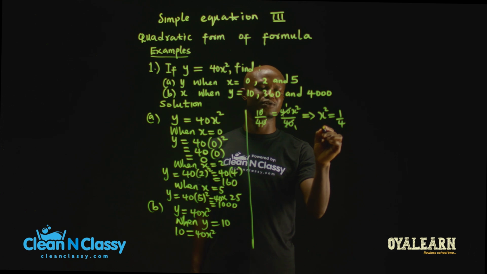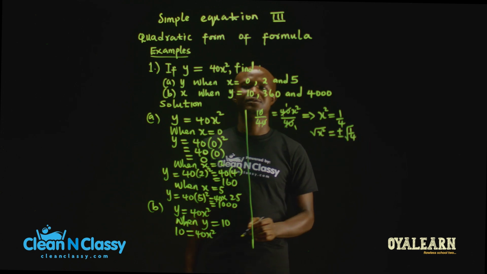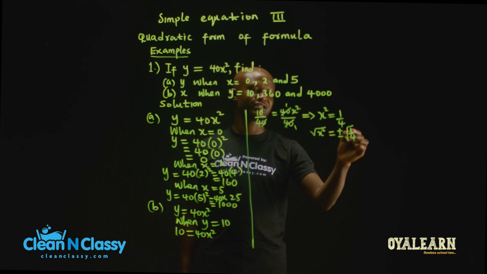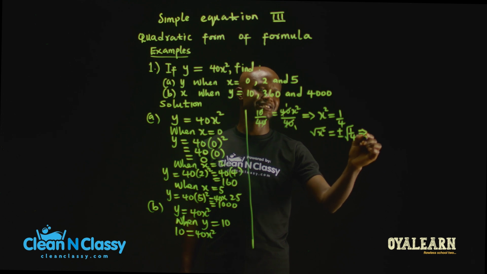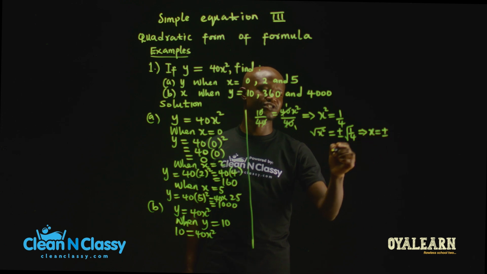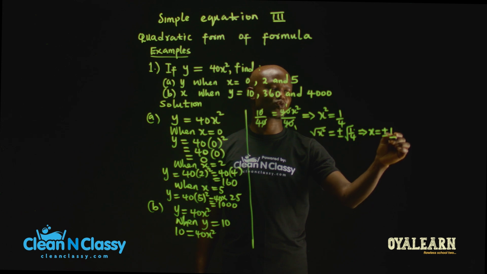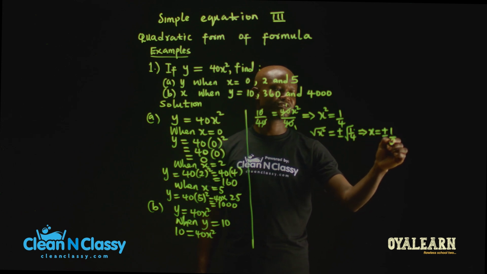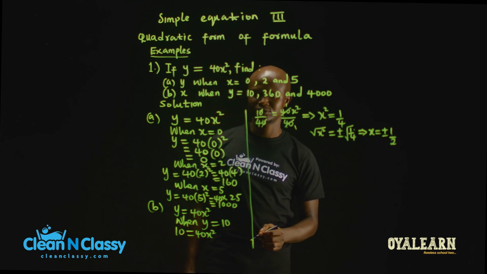The square root of x squared equals plus or minus the square root of 1 over 4. This implies that x equals plus or minus the square root of 1 over the square root of 4. The square root of 1 is 1 and the square root of 4 is 2. So x equals plus or minus 1 over 2.